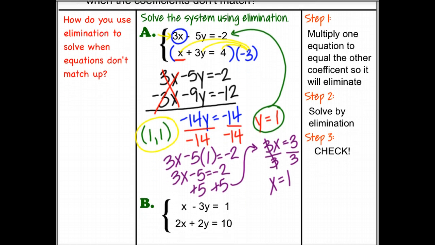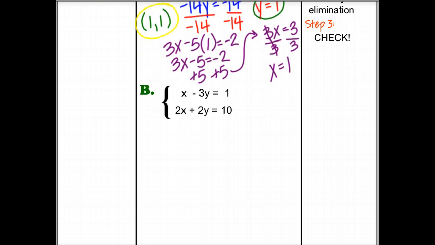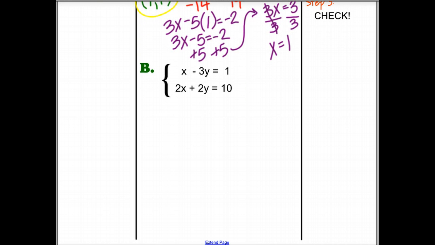Moving on to example B. I see here that this first equation, if I simply multiply this one by -2, I will get a -2x, and it will cause this 2x to drop out.